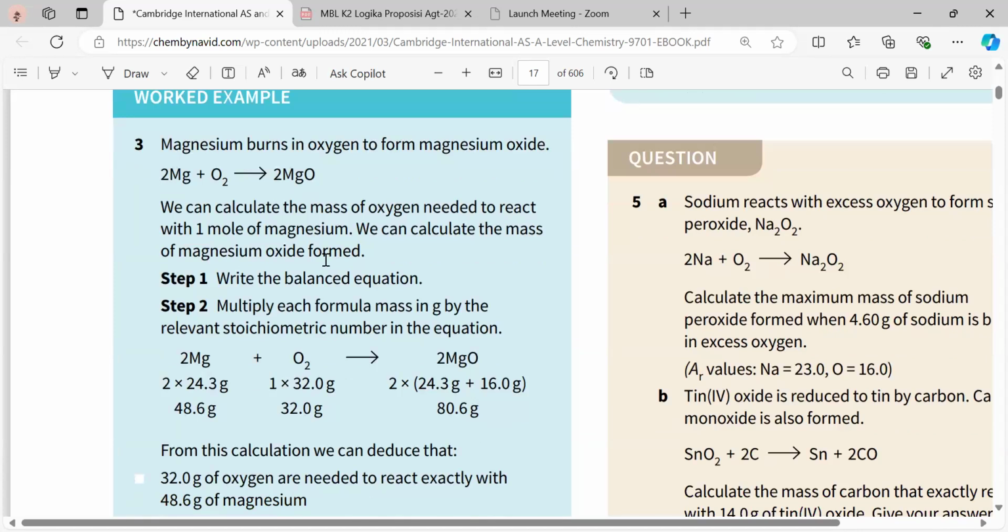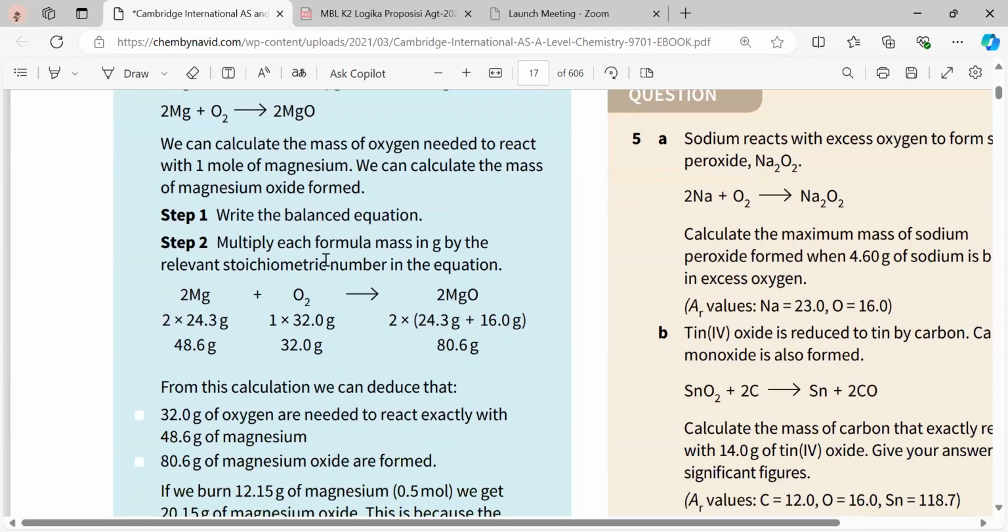So we can calculate the mass of oxygen needed to react with 1 mole of magnesium, and the mass of magnesium oxide formed. Step 1, write the balanced equation, which is already balanced. Then multiply each formula mass in grams by the relevant stoichiometric number in the equation.